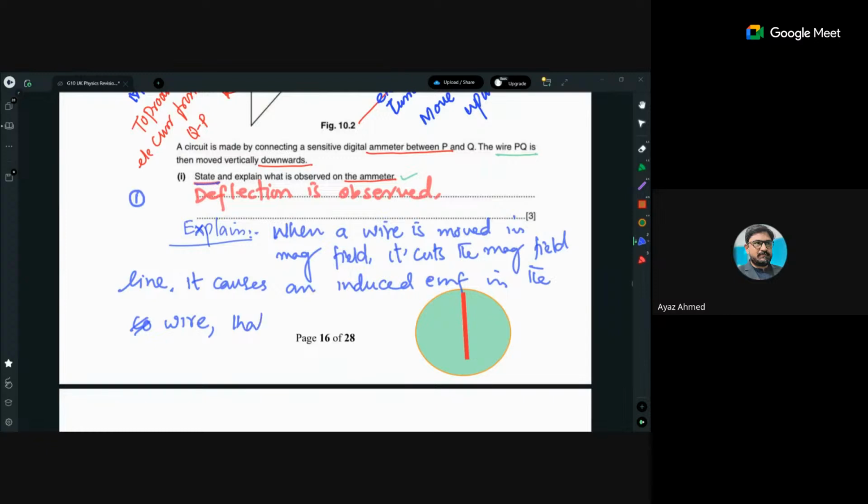That results in a current in the resistor. ये एडिशनल है, क्योंकि उसने रेजिस्टर से पूछा हुआ है. This is not always applied. That results in a current in the resistor. Okay, is it clear to you?